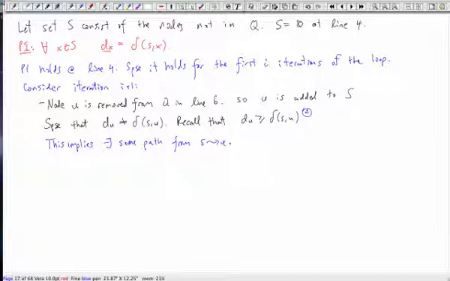Shall we spend 2 minutes with your neighbors thinking about why that should be true? There must exist some path from S to U. Spend 2 minutes with your neighbor trying to explain why that property is true.